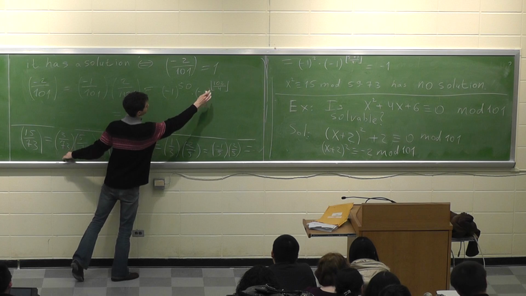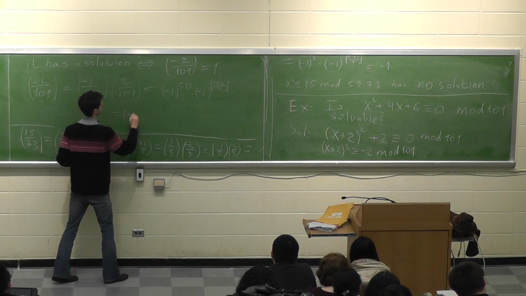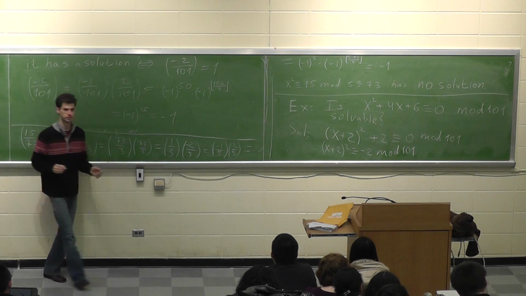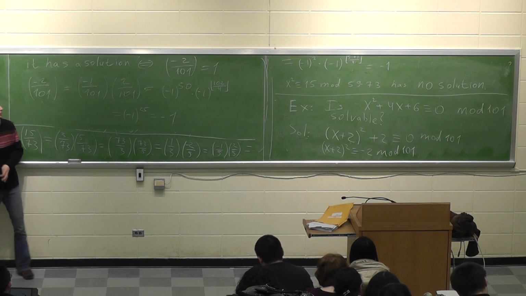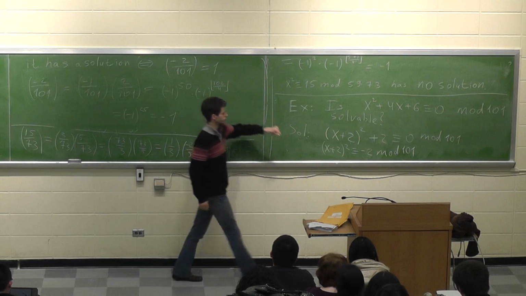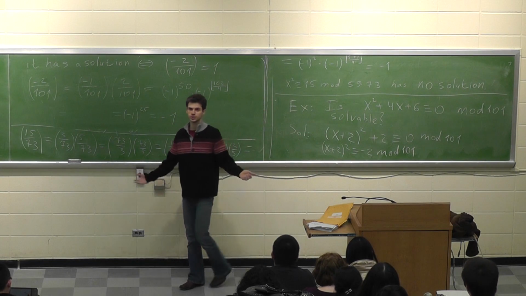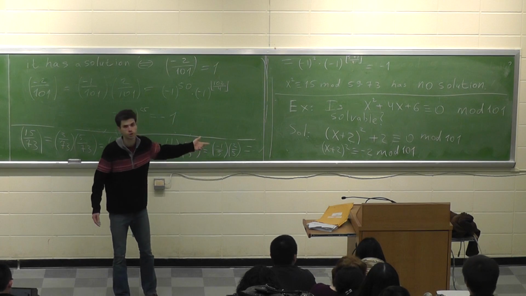That is 1 times minus 1 to the power 25. So it's minus 1. Minus 2 is not a square, so you cannot extract the square root of minus 2 modulo 101. So this equation is not solvable modulo 101.